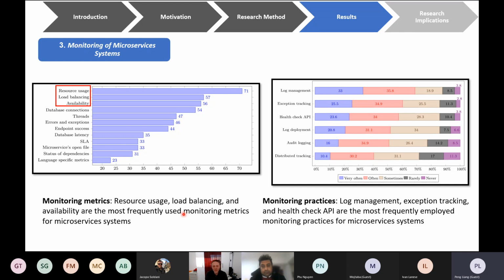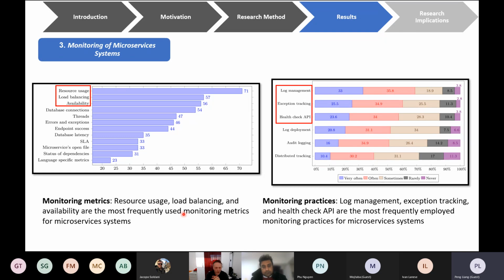Concerning the monitoring practices, we identified 6 monitoring practices from the grey literature. In particular, we identified log management, exception tracking, health check API, log deployment, audit logging, and distributed tracing.